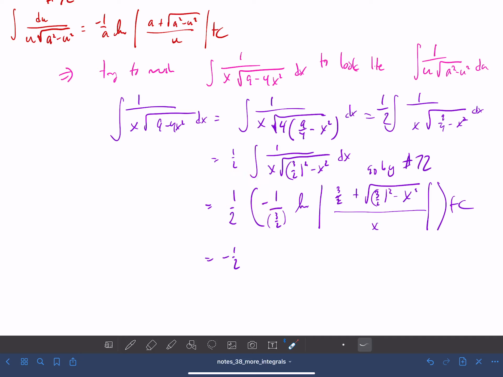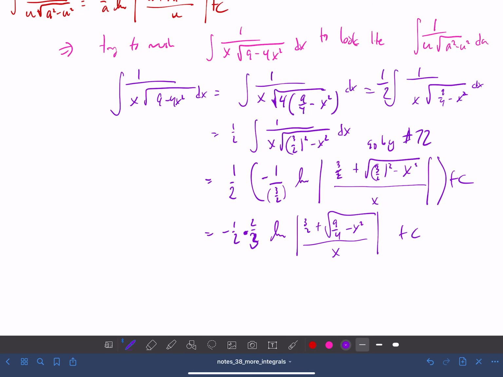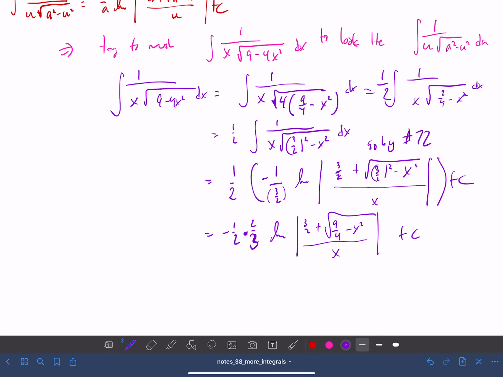Let's flip that and write that as 2/3 times the natural log of 3 halves plus the square root of 9/4 minus x squared, over x, plus some constant c. And I don't really want to rewrite all of that. That sounds terrible to me. So let's call that minus 1/3 out front there, shall we?